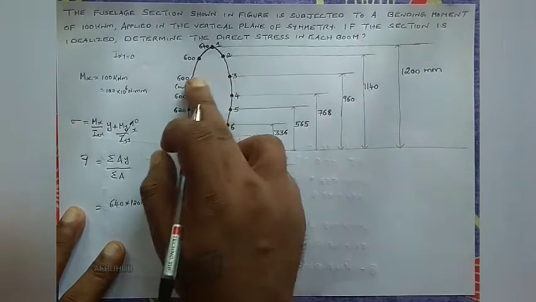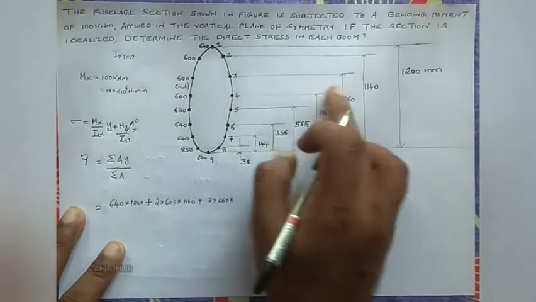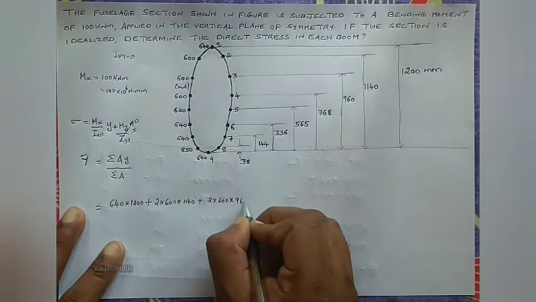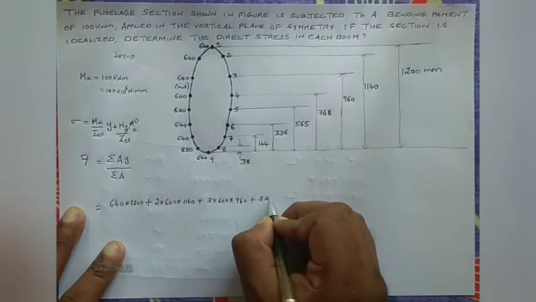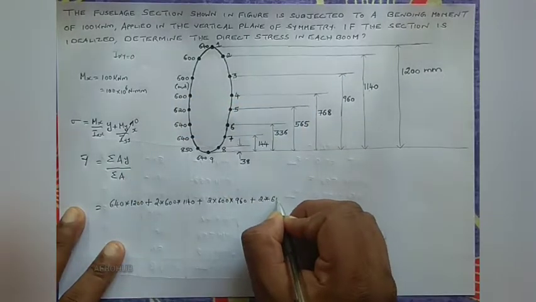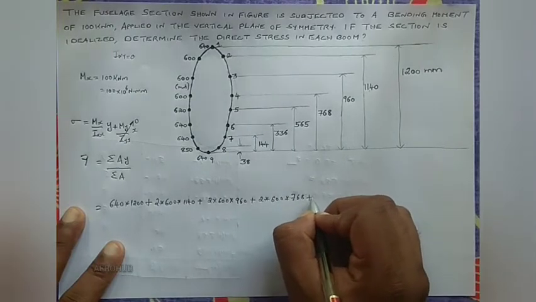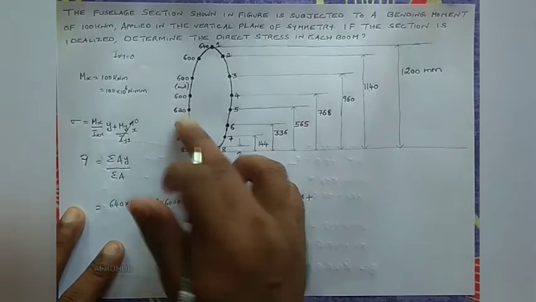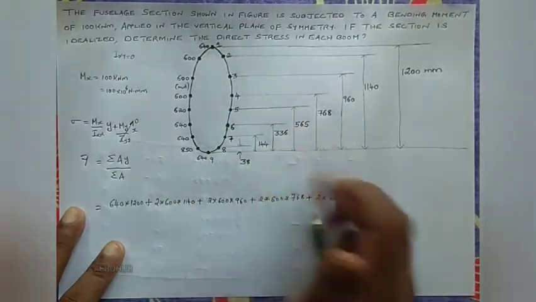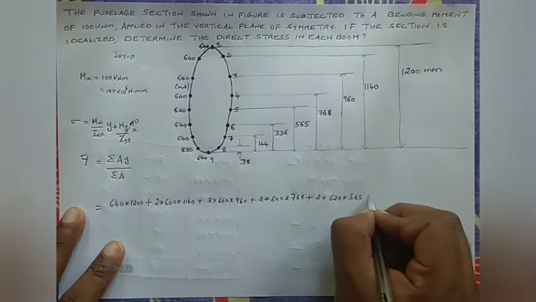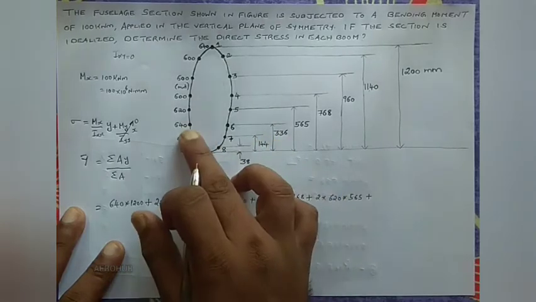Similarly, we have two boom areas with an area of 600 at a distance of 960, plus two boom areas, 2 into 600, at a distance of 768, plus two boom areas, 2 into 620, at a distance of 565, plus two boom areas at a distance of 336 having a boom area of 640.